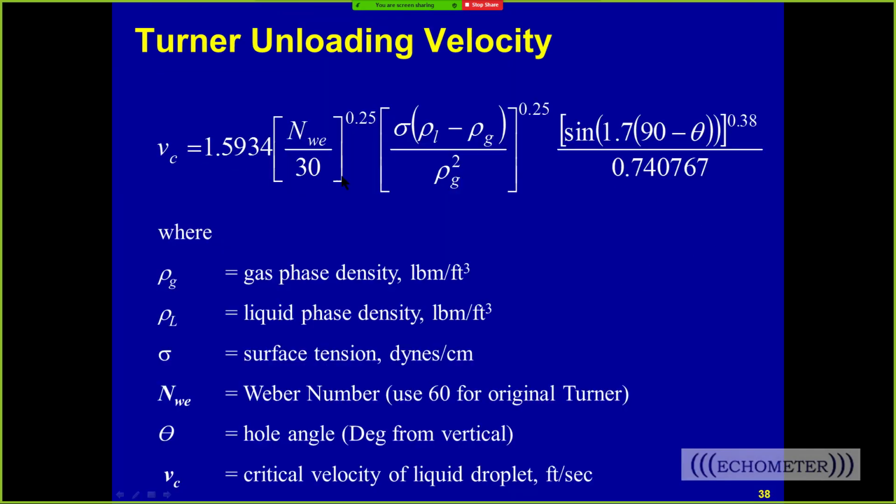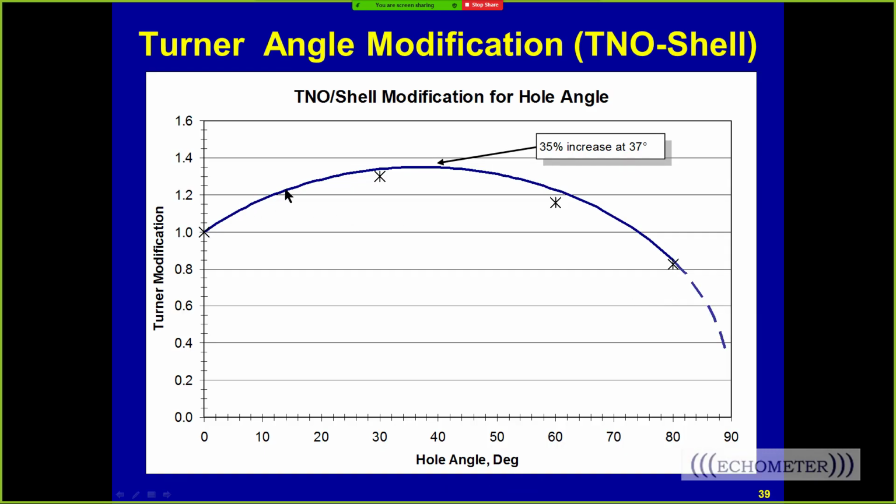Now this is that critical velocity equation we saw back in the spreadsheet, and this is the term that's used to correct for critical flow. And I said it wrong. This is a term that's used to correct for hole angle. And this is the way the plot looks. This is a plot where 0 is vertical, and 90 is the angle of the flat horizontal well.